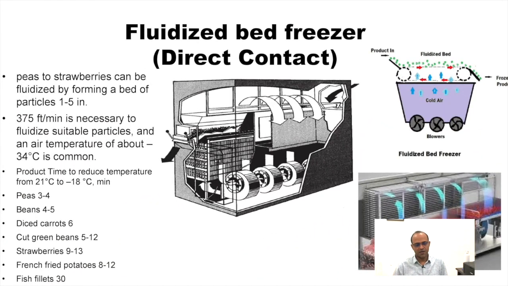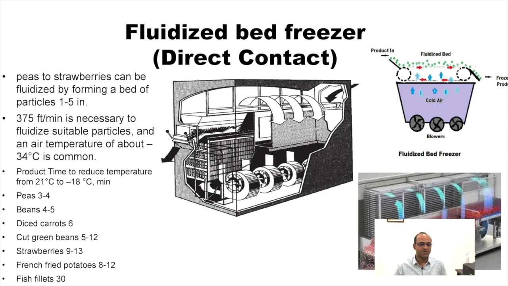Another concept is the fluidized bed freezer. This is just a modification of the air blast freezers. We call it a direct contact type freezer, wherein particles in the size range from 1 to 5 inches can be fluidized. What does fluidized mean? When the cold air is made to pass over a continuously moving belt, some particles fluidize and some are suspended in the air.